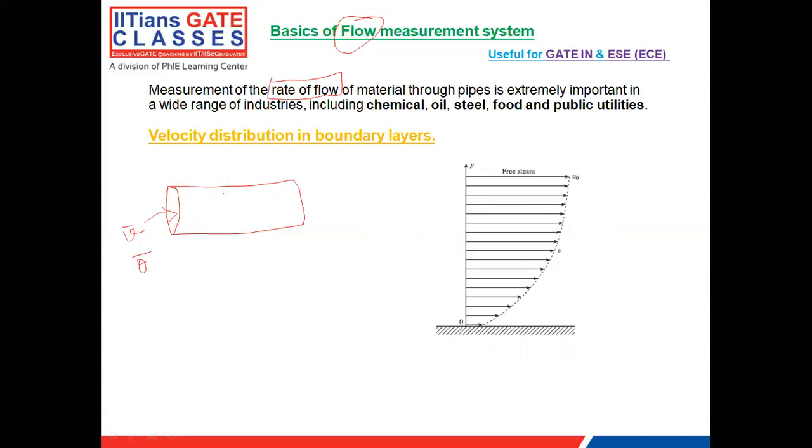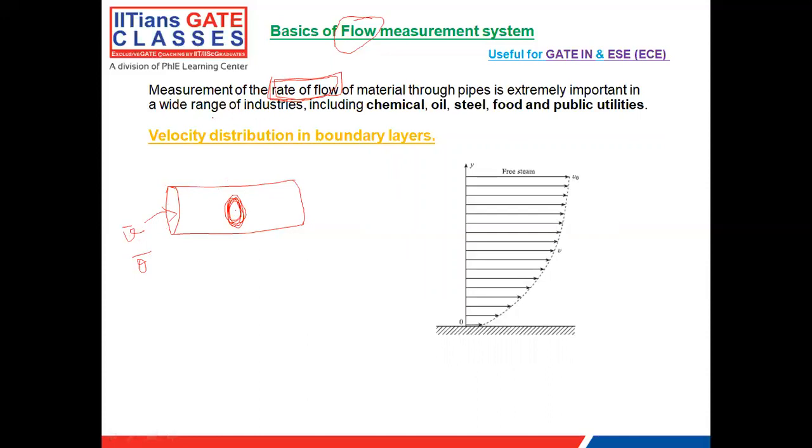So we take one small area, calculate how much fluid is flowing through it per unit time, and then we integrate this over the complete radius, and we get the complete flow rate. This is what we have to do in the measurement of flow rate. The basic concept is this only.